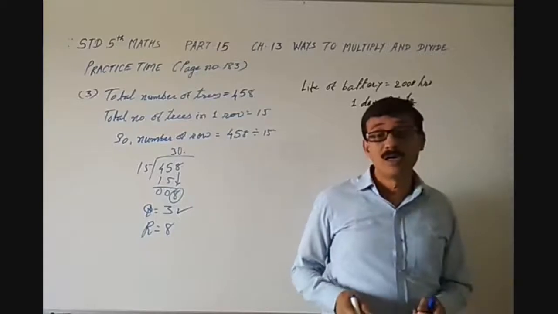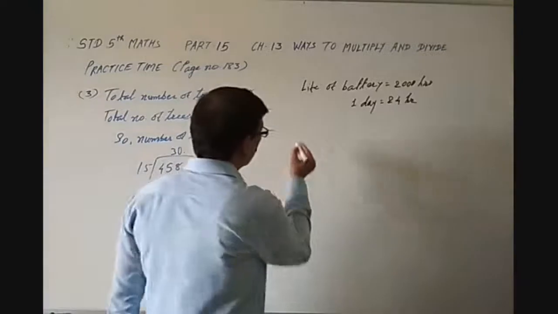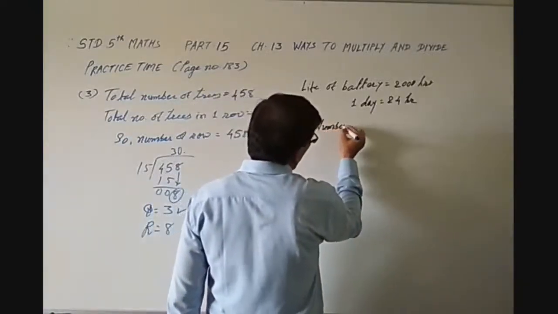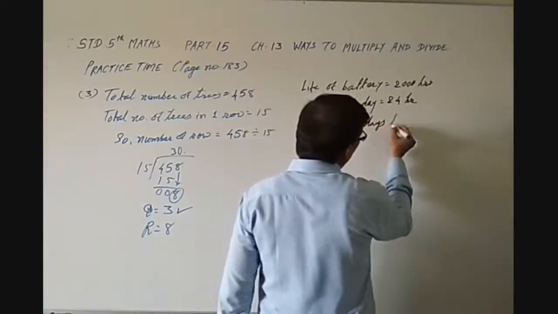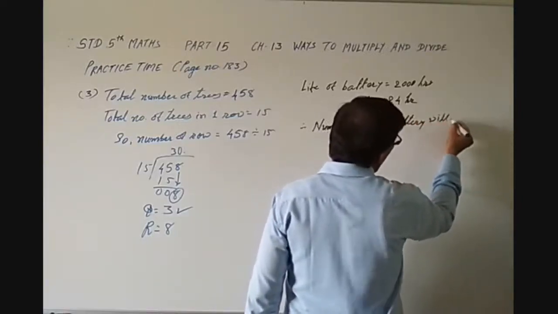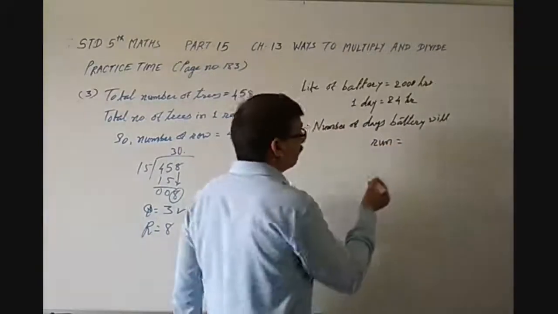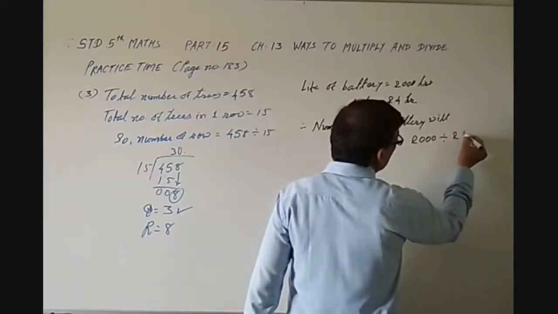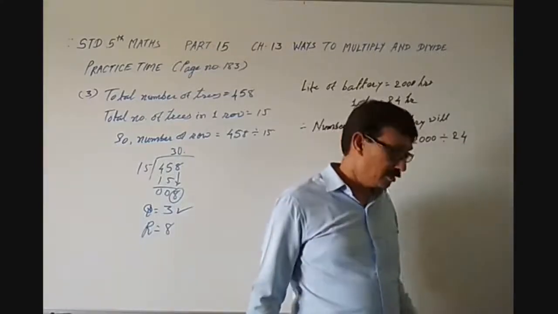Okay, so the number of days the battery will run is equal to, we should divide 2000 by 24. So we should go to divide this way.